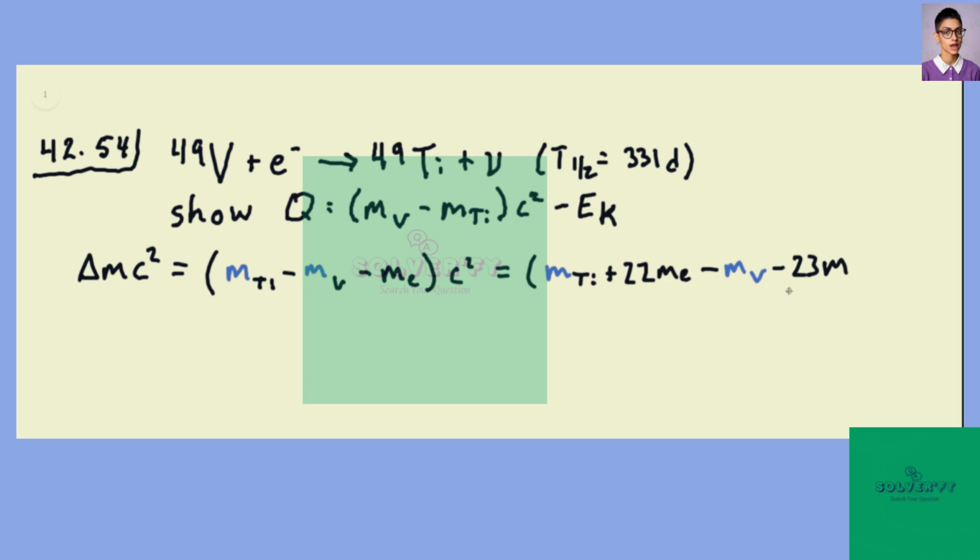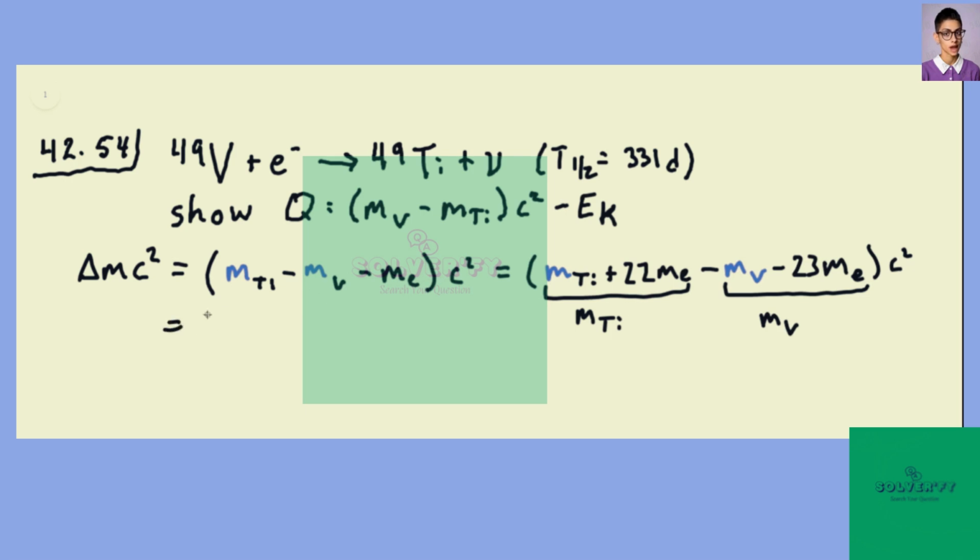So the minus 22 minus 1, you just say minus 23, times c². So then this is what we'll call in black the atomic mass of titanium. This will be the atomic mass of the vanadium.